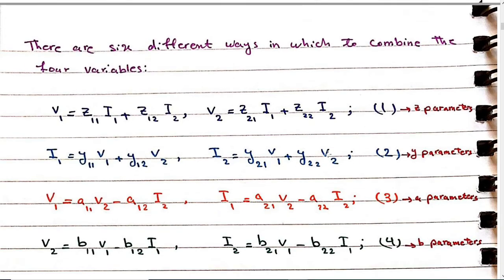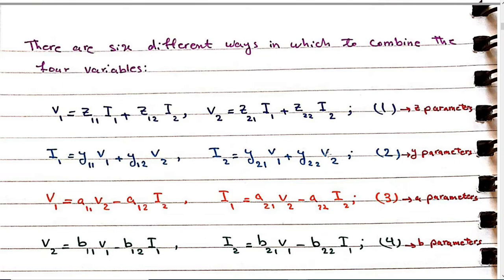For the first part, there are 6 different ways in which to combine the 4 variables. So there are 6 ways we can relate these variables, and you can use any of these parameters to solve the problems or examples.